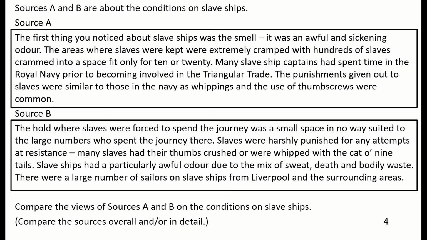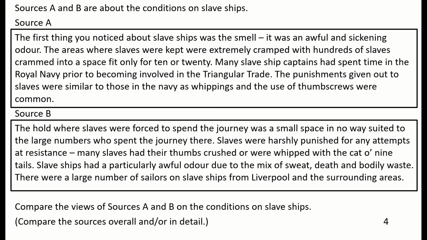The words punish and punishments are in both, and the words cramped and space are in both. So obviously that means there are 3 comparisons, and that's true. There are 3 comparisons in all of them. You only have to find 2 to be able to get full marks, but there's going to be 3 comparisons in all of the comparison sources, whether they either agree or disagree.